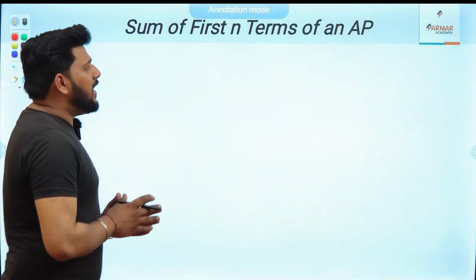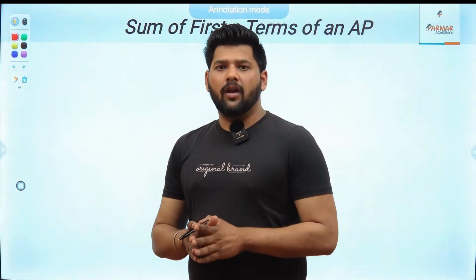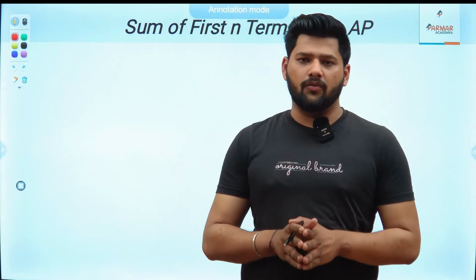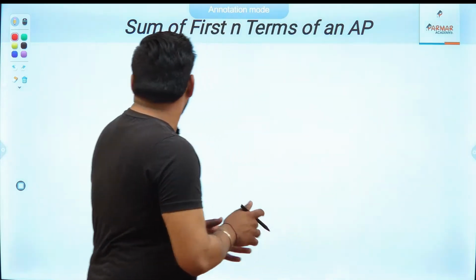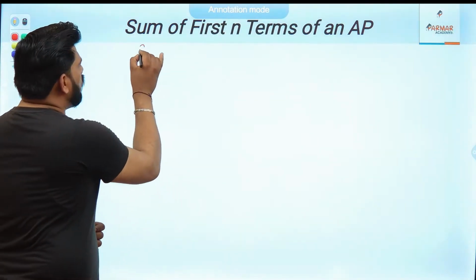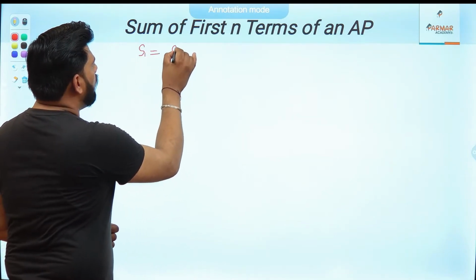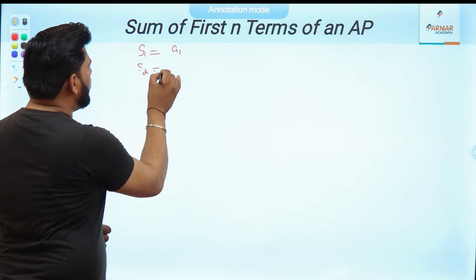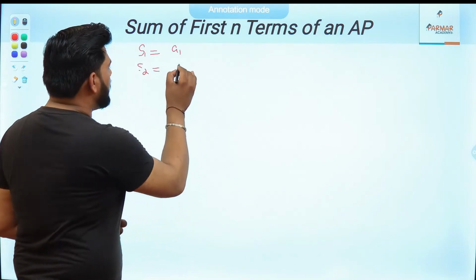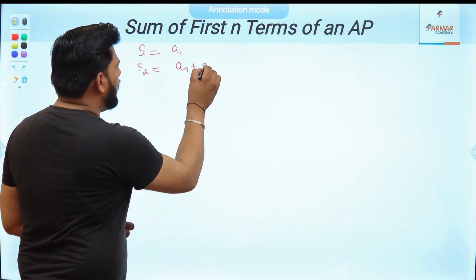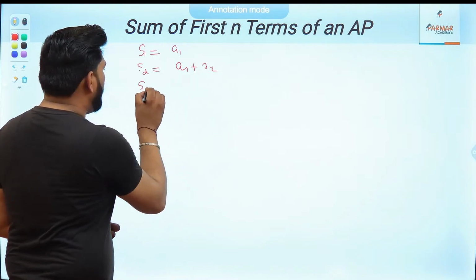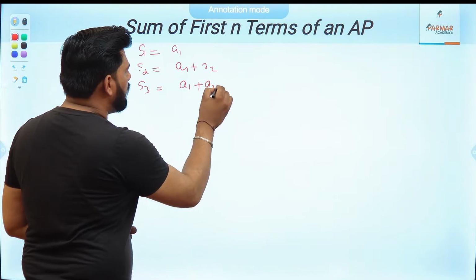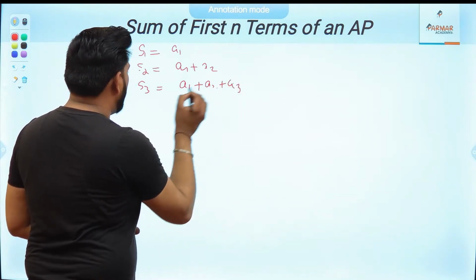Sum of the first n terms of an AP. Here we will discuss how to find the sum of a particular number of terms of an AP sequence. So S1 means the sum of one term only, that is A1 only. S2 means the sum of the first two terms, that is A1 plus A2. S3 means the sum of first three terms, that is A1 plus A2 plus A3.